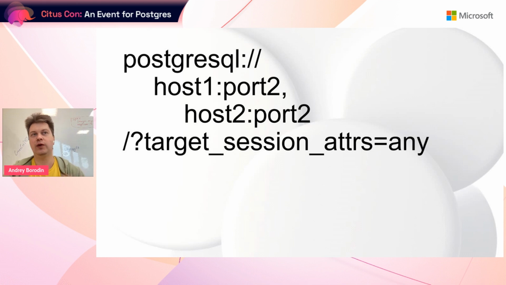You may say that you want standby, you can prefer standby, but if there are no standbys, you want primary. You can say that you want just any alive host, any host that can respond to queries. You may want strictly primary because you want to write data into your database, and many other options.